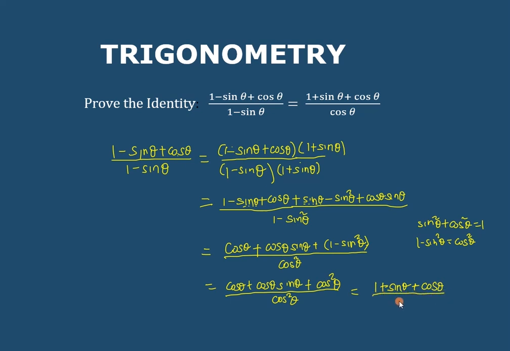And down here, when I divide cos squared theta by cos theta, I get cosine of theta. What I've done, I call it dividing through by cosine of theta. And what I have here, 1 plus sine theta plus cos theta over cos theta, is exactly what we have on the right hand side of our given identity.